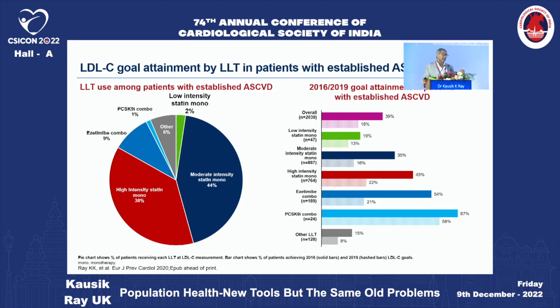So simply, even in this group with slightly better use of high-intensity statins, you're going from 39% overall getting to below 70 to 18% getting below 55. When we're aiming for 70, we start to do better with the use of higher intensity regimens.